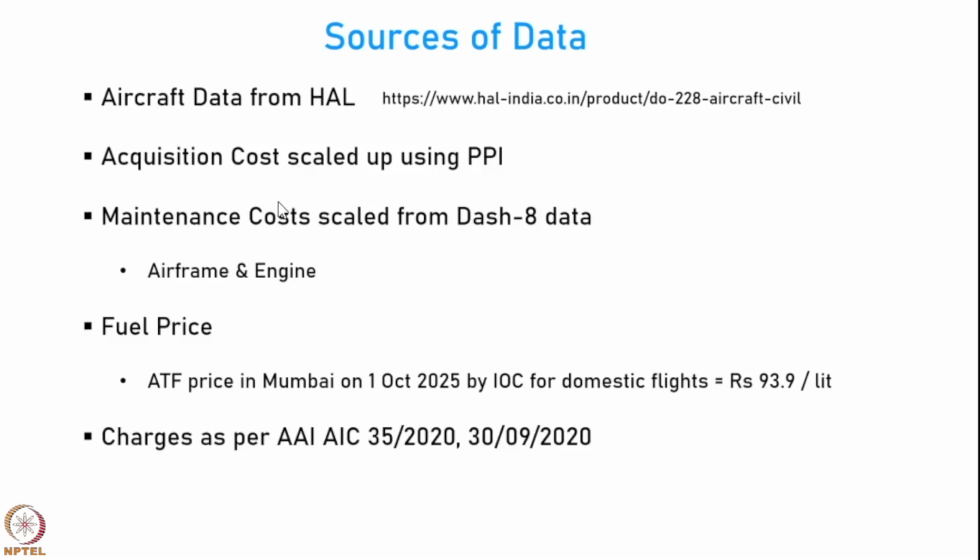Then the airport charges towards landing, handling and overfly or navigation are taken as per an AAI circular, AIC 35-2020. This circular also mentions what will be the charges up to 2030. So, we have taken the charges applicable after 2025.